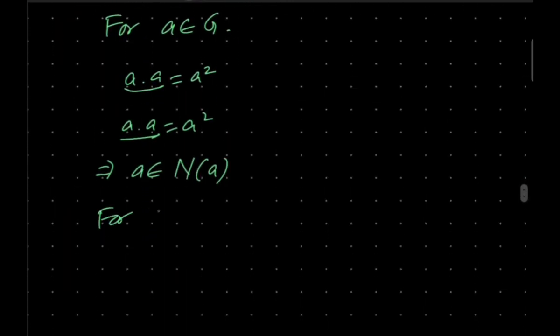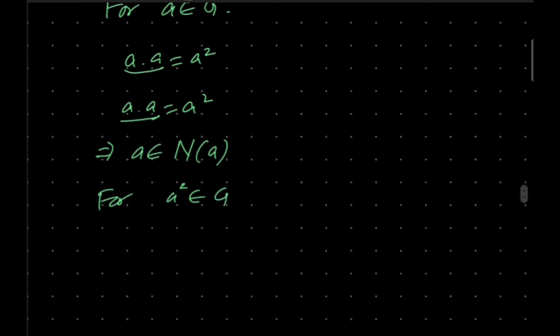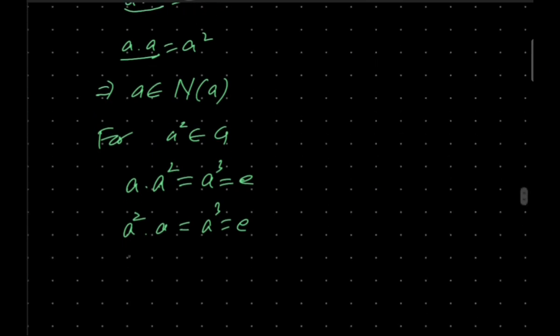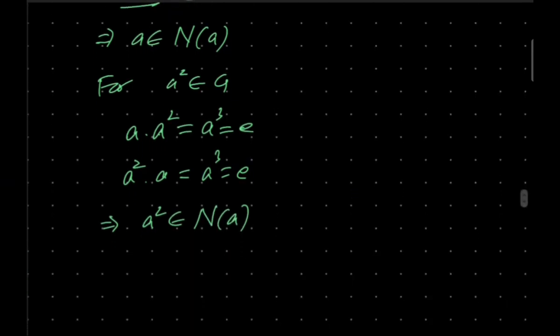For a square belongs to G, we are going to check whether a square is permutable with a or not. You can see that a times a square is a cube, but a cube is identity, right? What is the answer of a square times a? That is again a cube, which is again identity. Again both are the same. This means a square also lies in the normalizer of a.